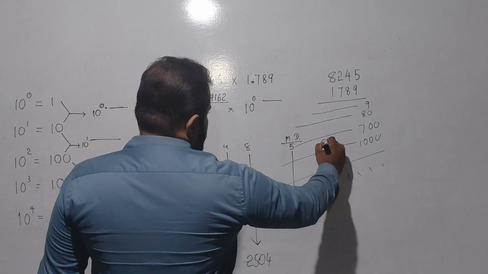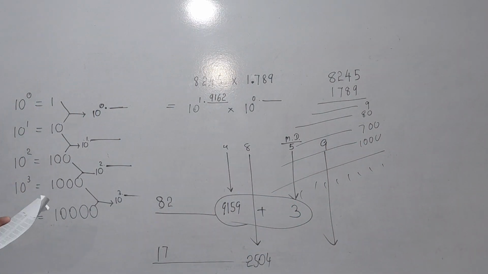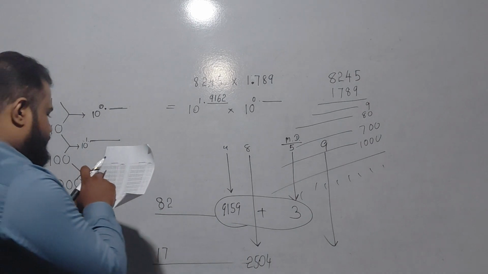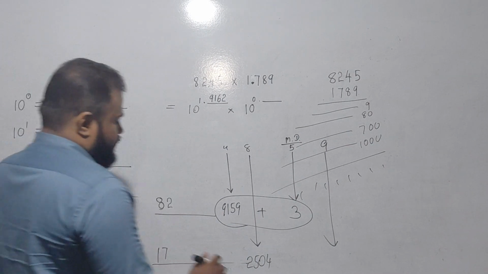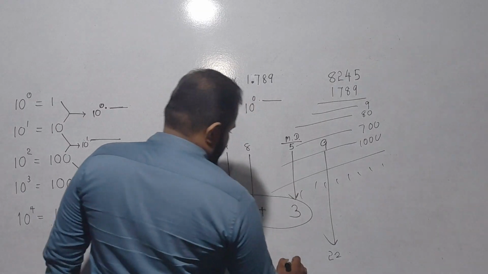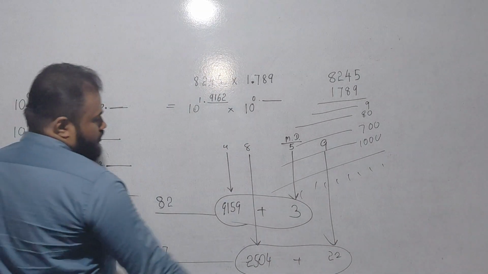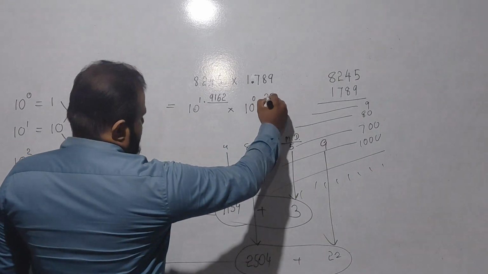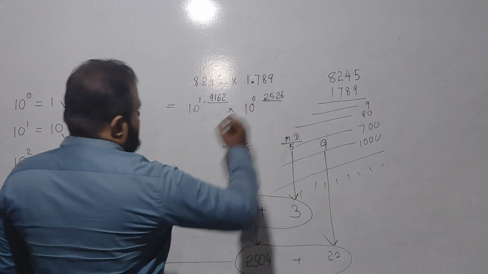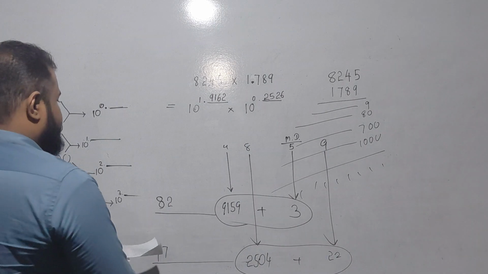In mean difference, under 9, there's 22. Get the total magnitude value. 22 plus 4, 26. Okay. Now I'm clearing this.